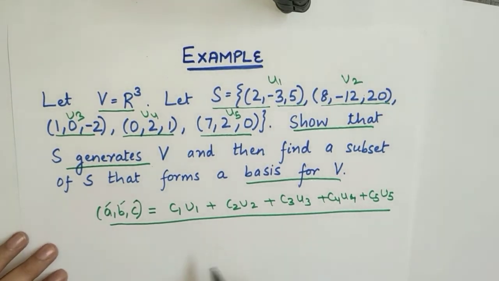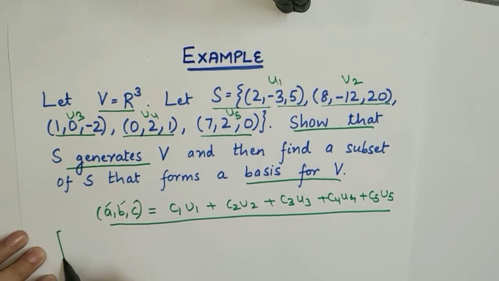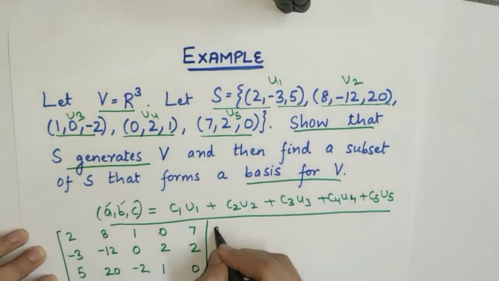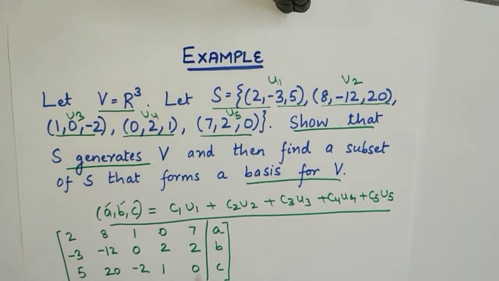So from here we'll write down the augmented matrix of this system, which will come out to be 2, -3, 5, 8, -12, 20, 1, 0, -2, 0, 2, 1, 7, 2, 0, A, B, C. After writing down the augmented matrix, we'll find the RREF of this matrix.